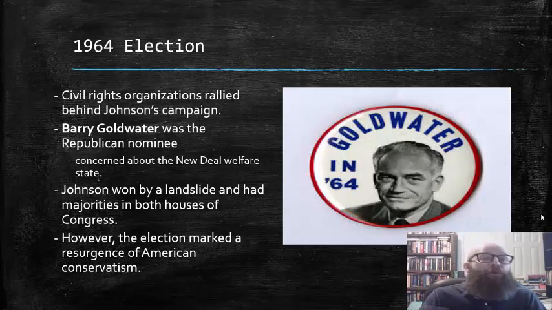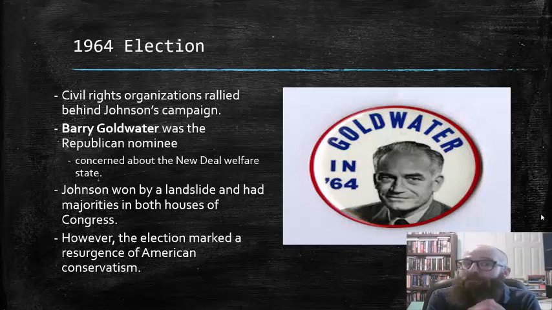Barry Goldwater was the Republican nominee, and his campaign rhetoric centered around concern about the New Deal welfare state and the growth in the size and the scope of the United States government. Johnson, mostly thanks to the heightened awareness of civil rights issues in this period and Johnson's support for such issues, won by a landslide and had majorities in both houses of Congress.